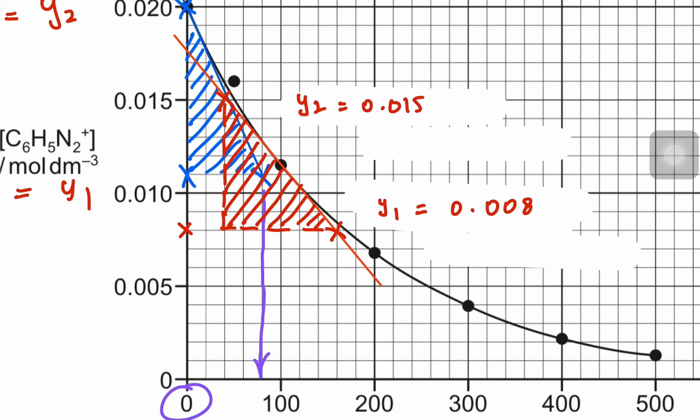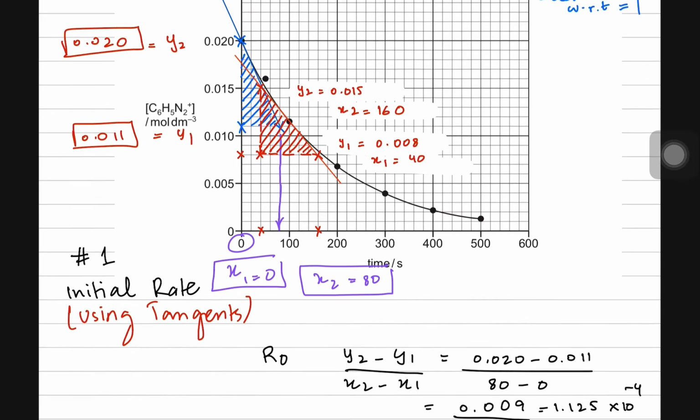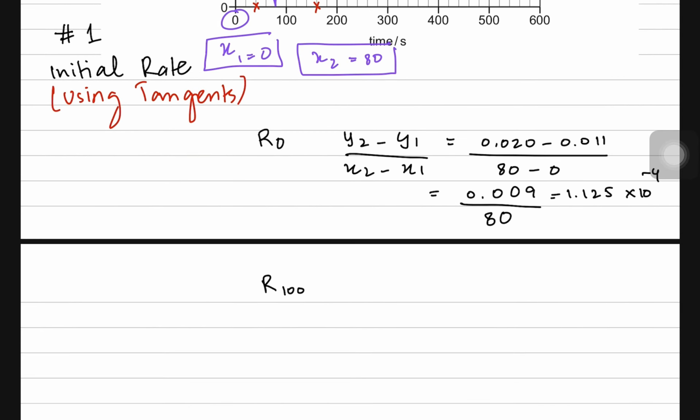If I look at the x values of my points, my x2 is going to be 160 seconds and my x1 is going to be 40 seconds. So the concentration changed within these 120 seconds, from the 40th to the 160th.